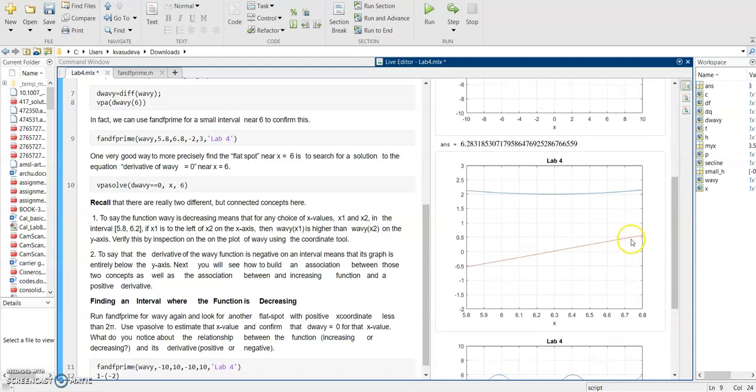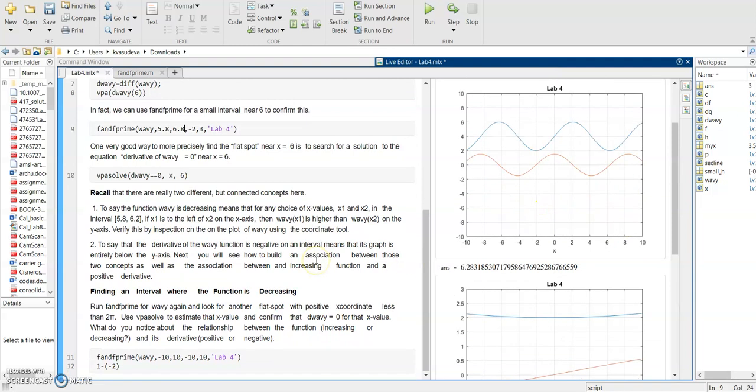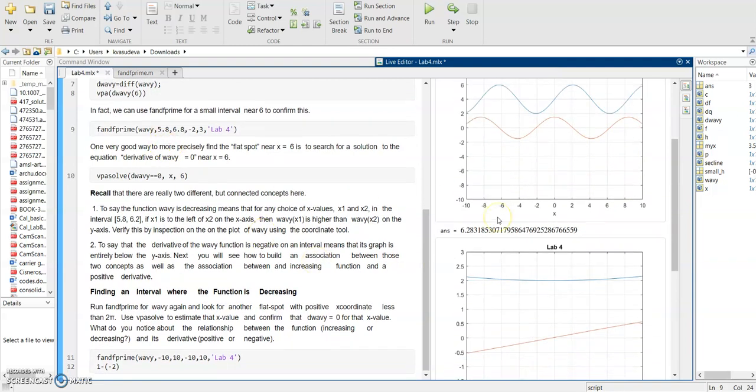Wherever your derivative function is 0, somewhere at 6.3, right? At the same point you have a horizontal tangent. So let's look more clearly at what point we have a 0.